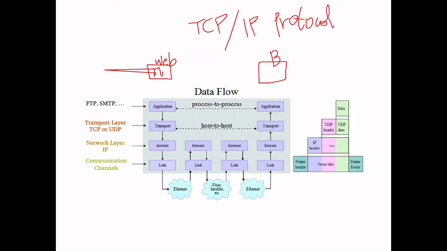Now, in networks, you must have come across the OSI layers. The OSI layers are basically a theoretical set of layers. You start from the physical layer, data link layer, network layer, transport layer, session layer, presentation layer, application layer, something like that, right? A set of layers defined by ITU or ISO, whoever.